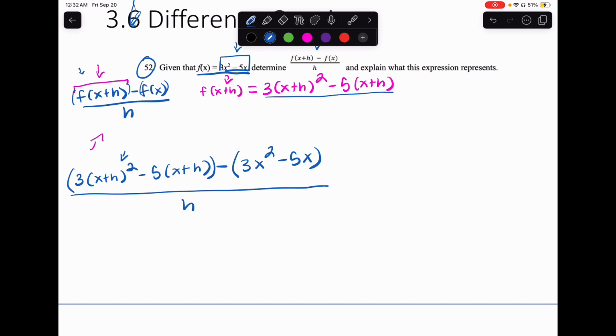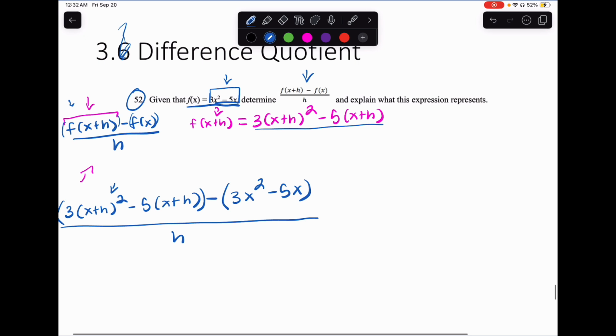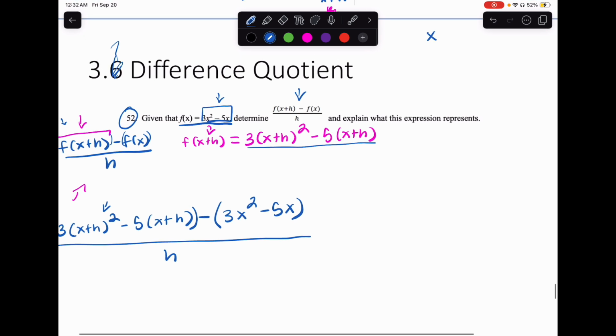The first thing I want to do is expand this (x plus h) squared. You might already know what that expansion is. If not, you could use the FOIL method, where you do (x plus h) times (x plus h), or you can use the Punnett square method.